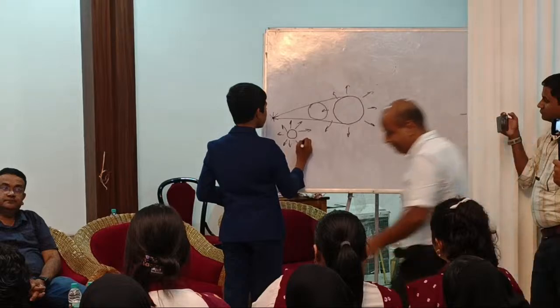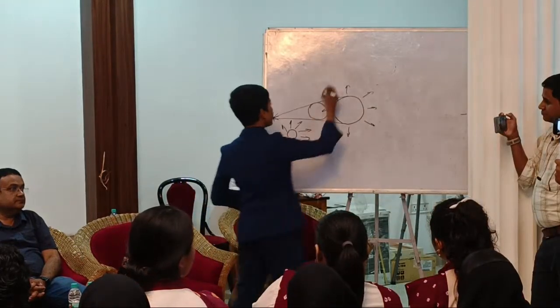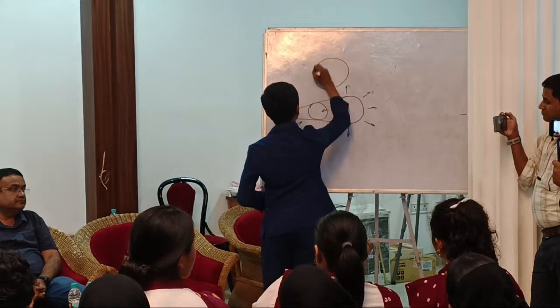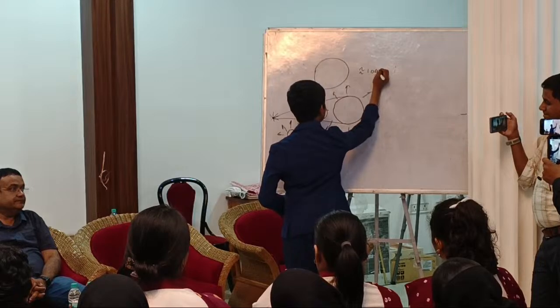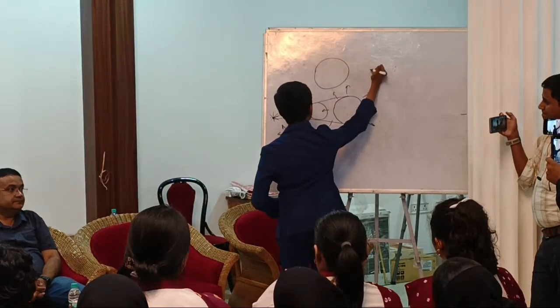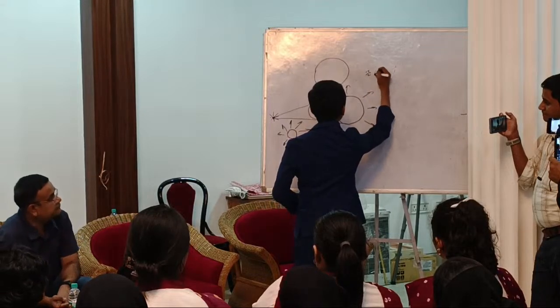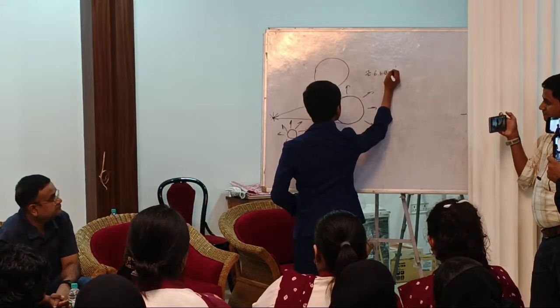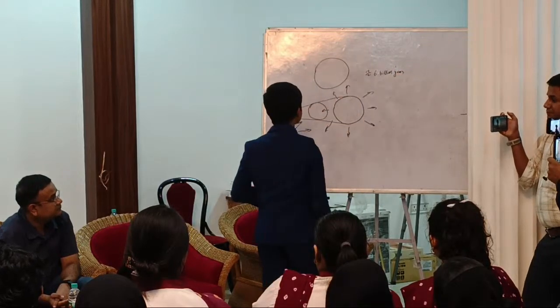Or maybe it was just created in its present state and started expanding. Maybe it was created, who knows, 6 or 7 billion years ago, and made in its current state.